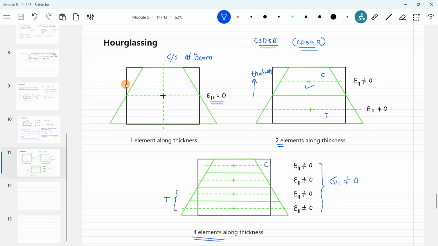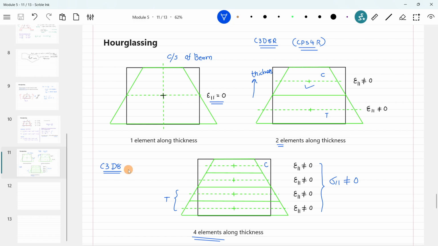Okay, so now let me quickly recap this chapter and the previous chapter. If we use full integration C3D8, full integration first order hex elements, we encounter shear locking issues. For that we have suggested that we should refine the elements along the length of the beam.